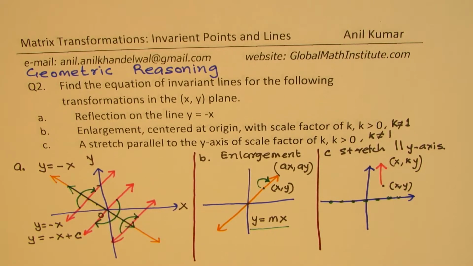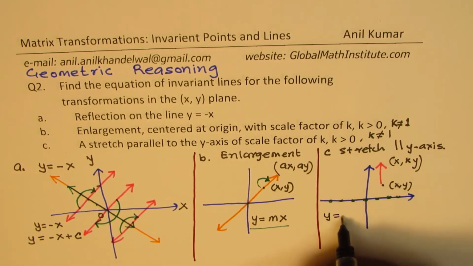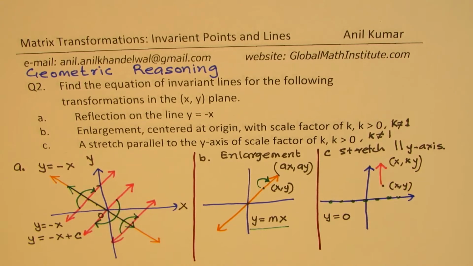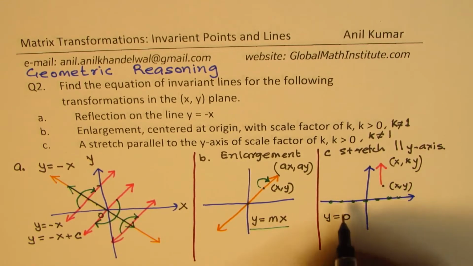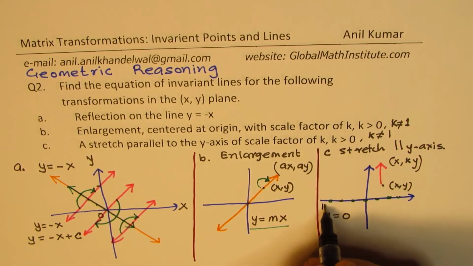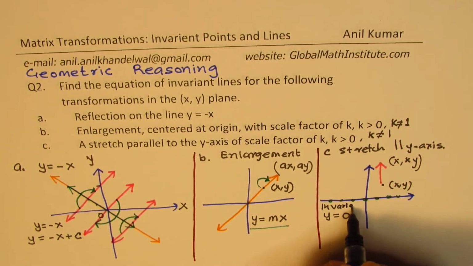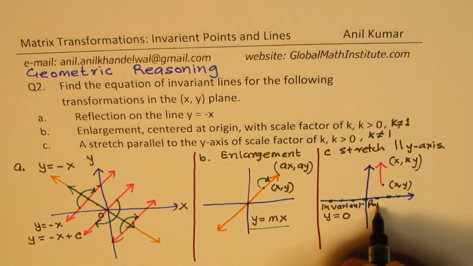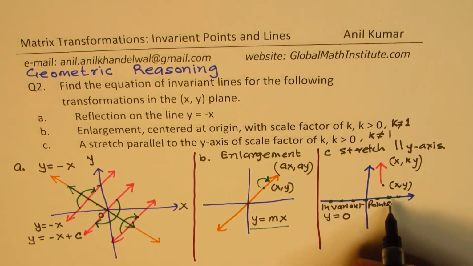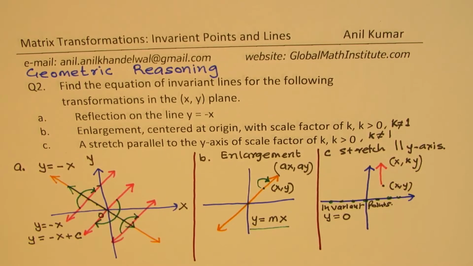So one line is definitely the x-axis, which is y equals 0. So that is definitely it, we have invariant points, correct? No point is moving. The line is also invariant in this case.